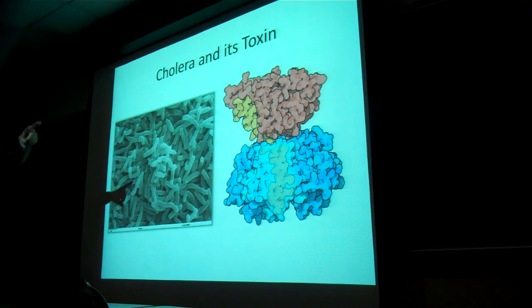What this toxin does is float around the cell, grab onto the chloride pumps, and let chloride just gush out into the intestinal fluid. And it's not going to go out by itself. It has to take a positive ion with it, right? Neutral has to be neutral. So you're getting chloride and sodium gushing into your gut. That creates what? A high concentration of salt. You've got a hypertonic fluid.